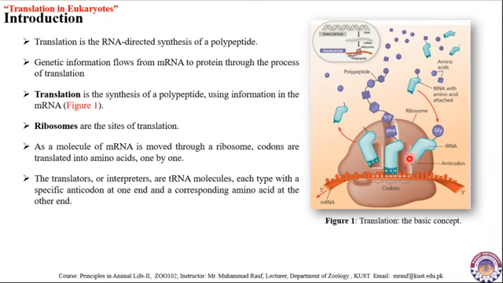This establishes a complementary association with the codons present on messenger RNA, and once it is established, then the amino acid is released. So these are a kind of translators.